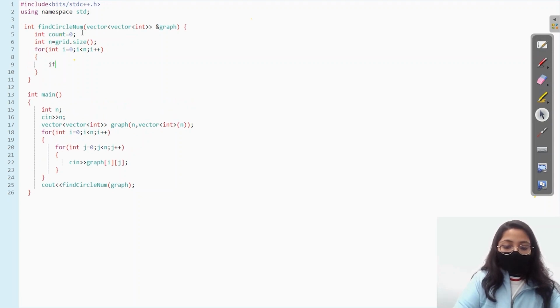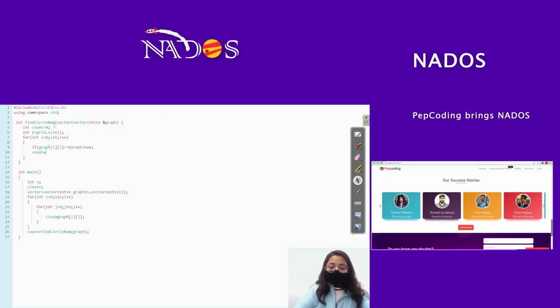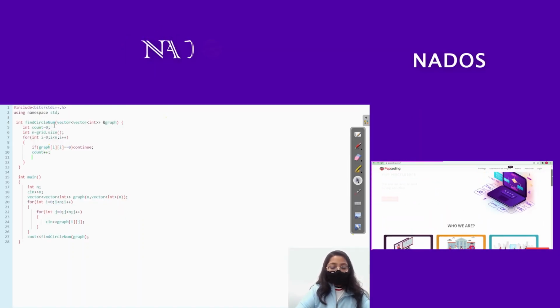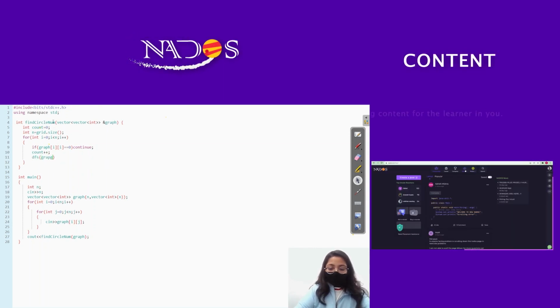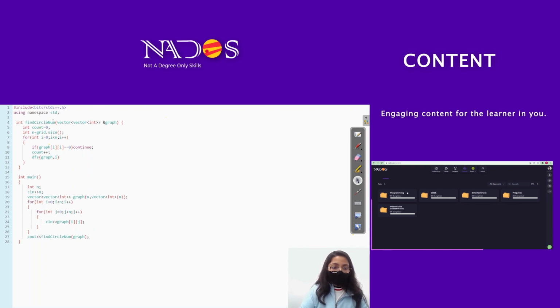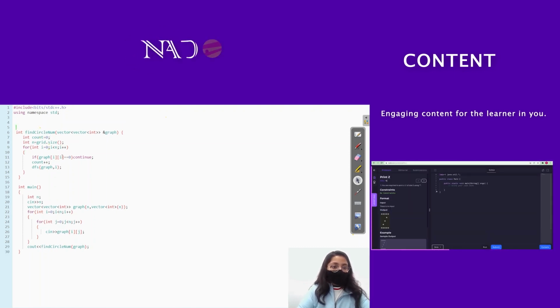We will check that if graph of I comma I is equal to 0, that means that city has been traversed. So we will continue. Otherwise, increase count by 1, because that means that we have discovered another province, and call DFS in the graph for that column.